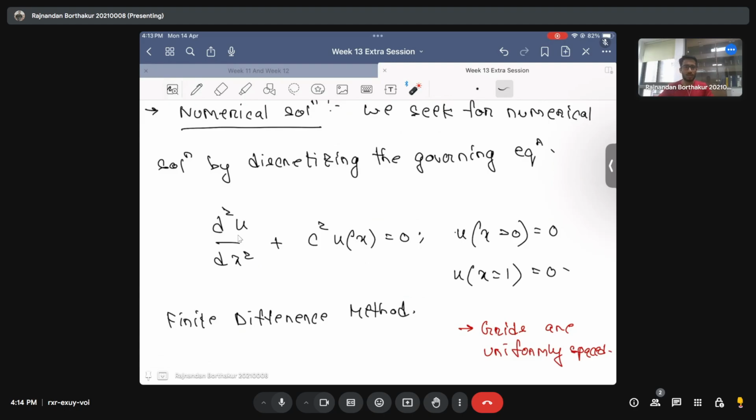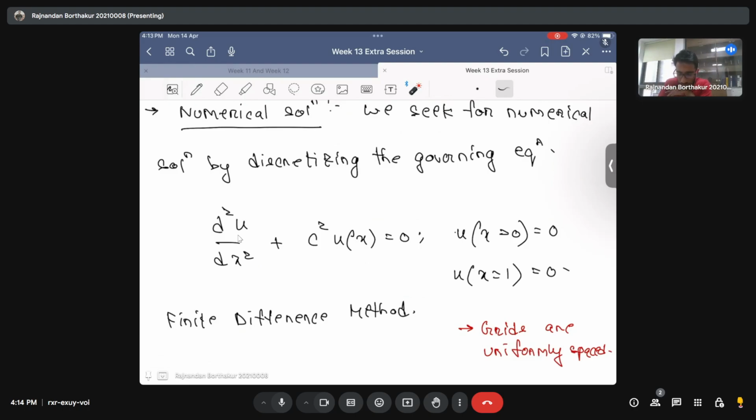But just for the sake of completeness, because we ended up getting an eigenvalue problem in the Rayleigh stability equation, I gave you a flavor of how to solve a given eigenvalue problem, both analytically and numerically. Okay, so this ends our discussions of this course, the live interactive sessions.